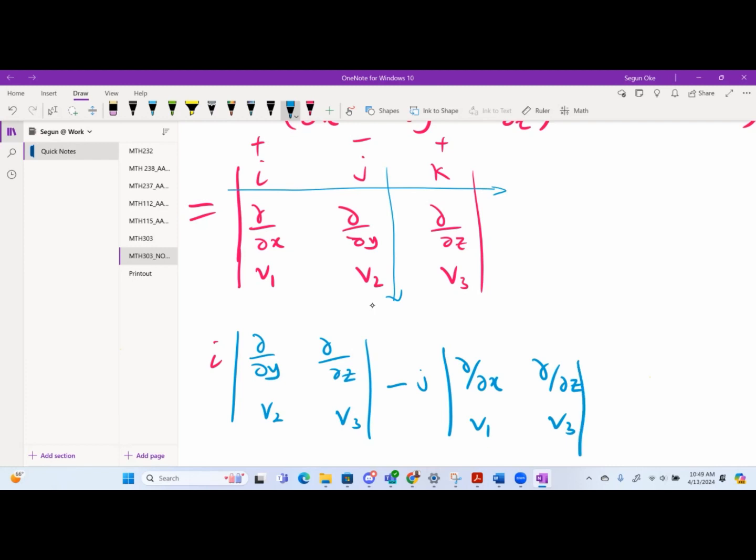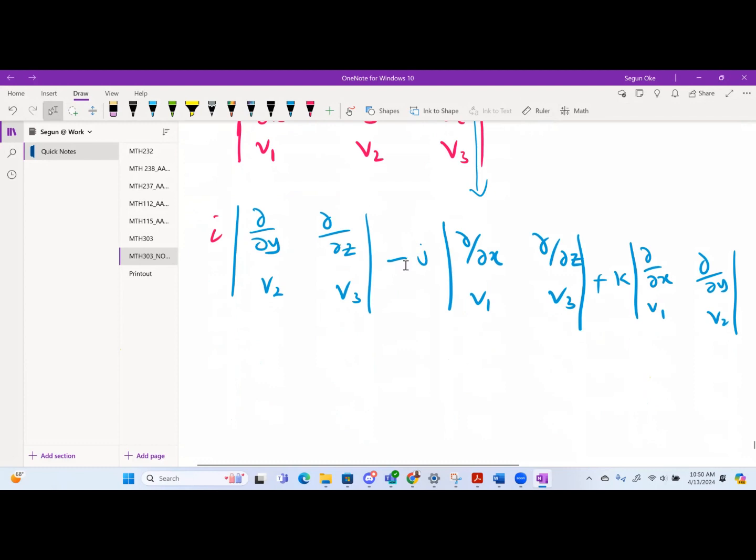Now we release this one. We go to column 3, which is this one, plus k. So we have del dx, v1, and del dy, v2. So let's take note of that.